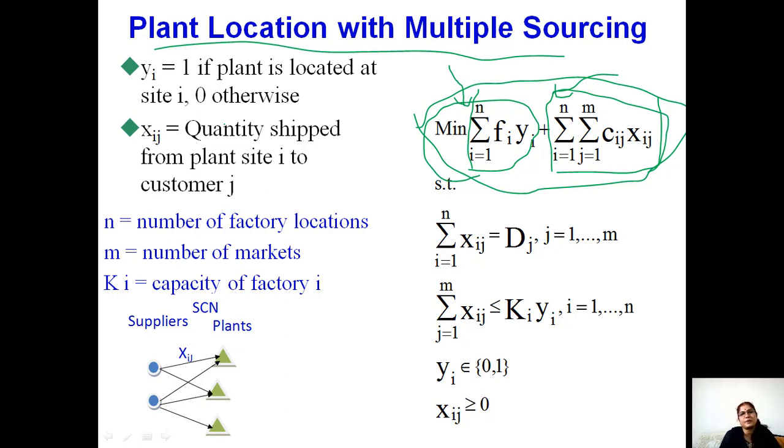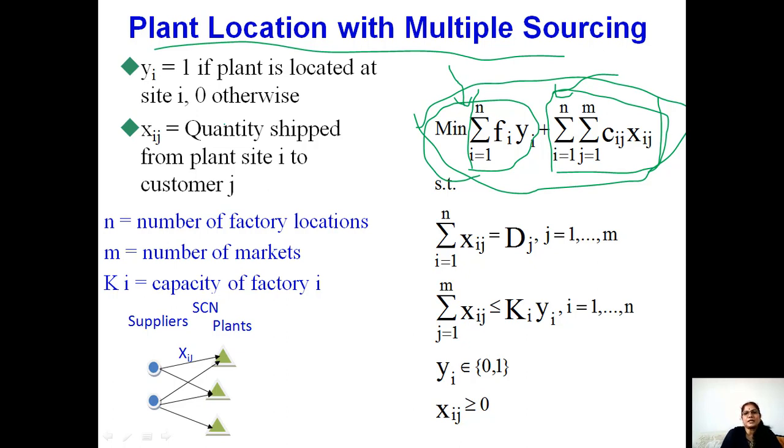Say for example, if a plant is right in the middle of a crowded city, then all costs associated with that become very high. So it is possible that that plant can be closed and a plant which is situated somewhere at the outskirts functioning, so that total fixed and variable cost of that outskirt plant is much less than the one which is present at the center.